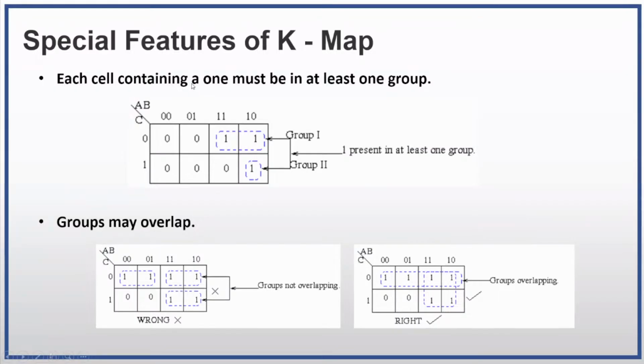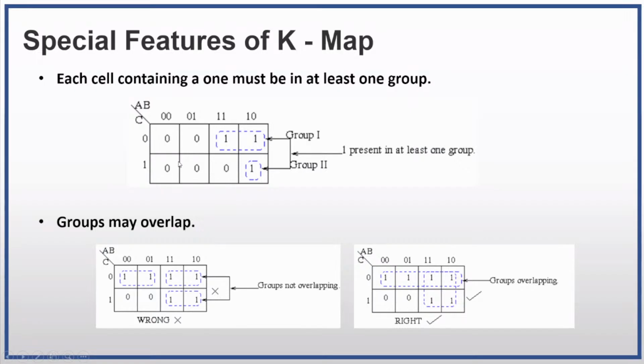Each cell containing a 1 must be in at least one group. So that means we cannot avoid ones.